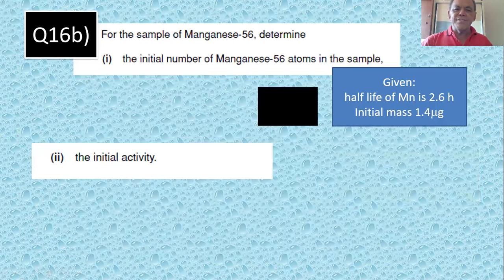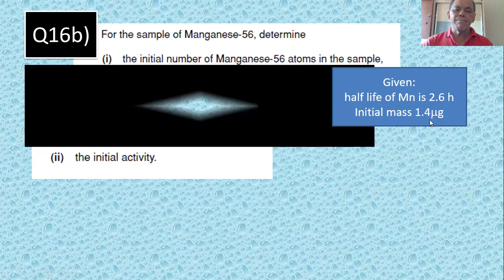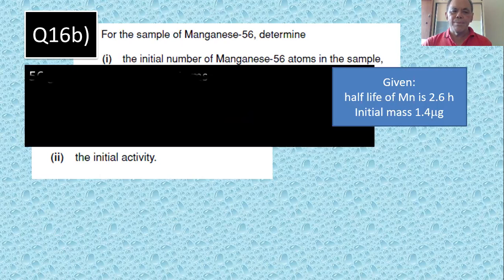For manganese-56, determine the initial number of manganese-56 atoms in the sample. Okay. So you need to know what is given. Half-life is given, 2.6 hours. Initial mass is given, 1.4 microgram. So use Avogadro's number. Go to the data sheet.